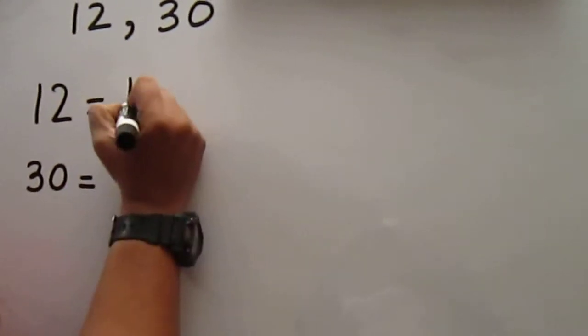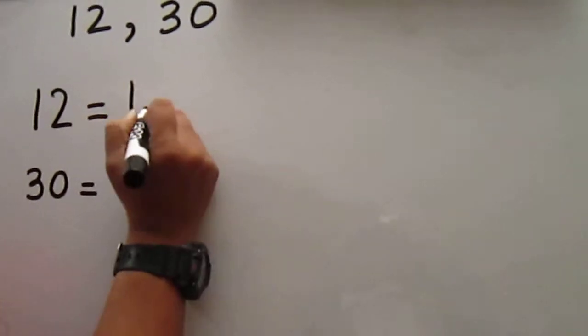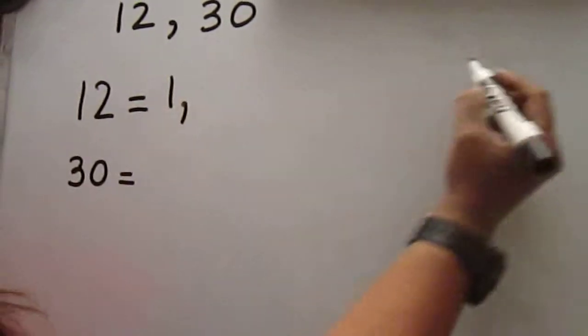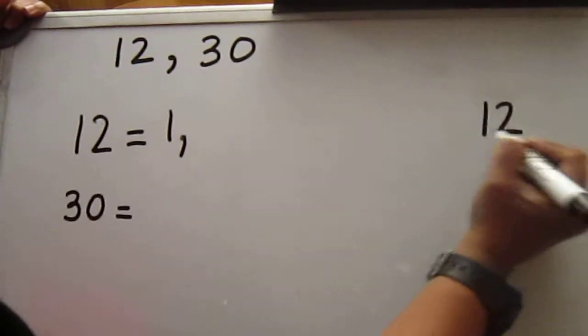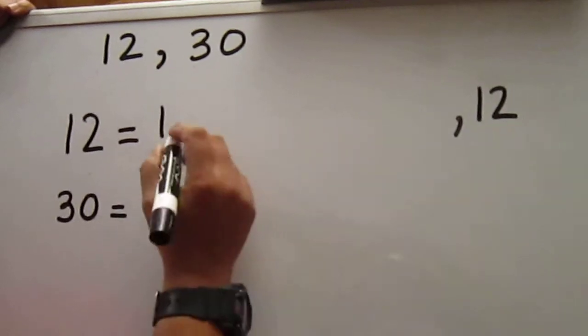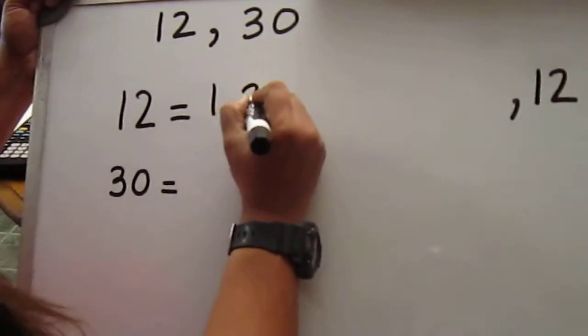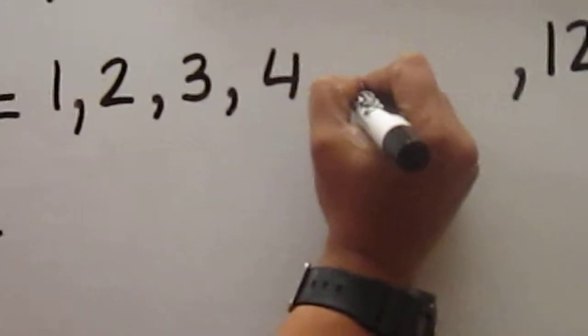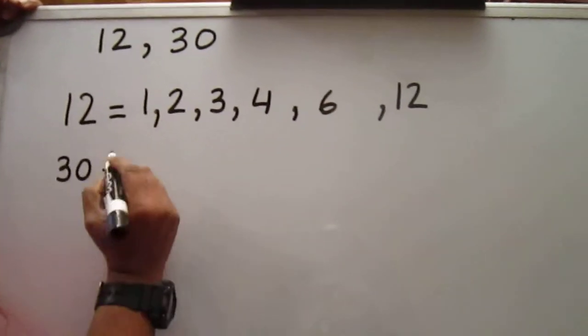We always write 1 because in a composite number we have the integer divisible by 1 and itself, so there is 1 and 12, and then the divisors in between are 2, 3, 4, 6 and 12.